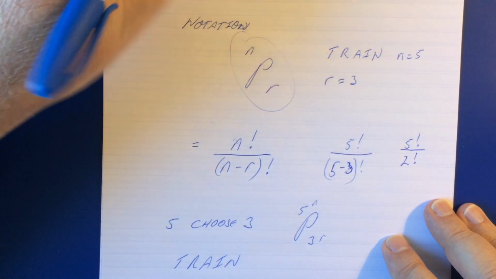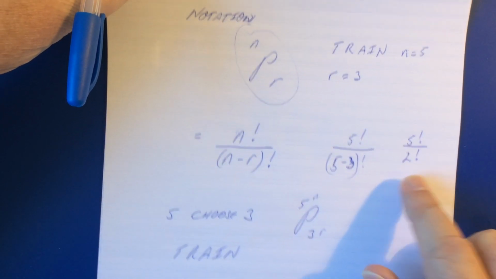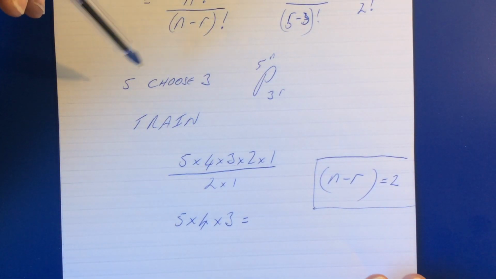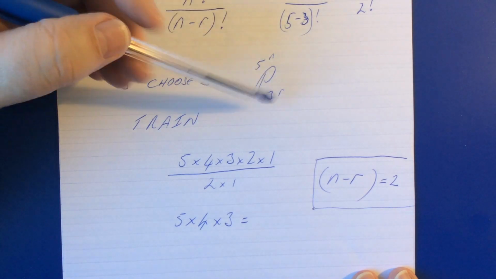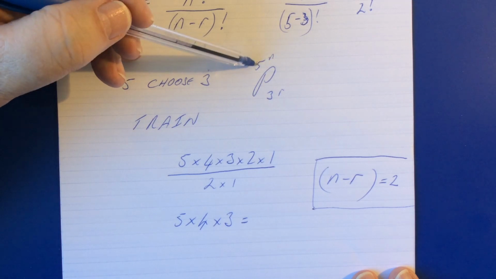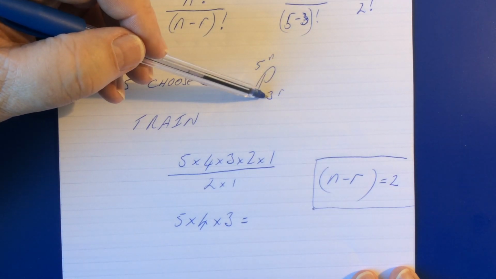Okay, so we've got to that point. Now, let's have a look at how this all works itself out. So we would say 5 choose 3, and I've written this in this form here with n just as a reminder that that's 5, and r just as a reminder that that's 3.